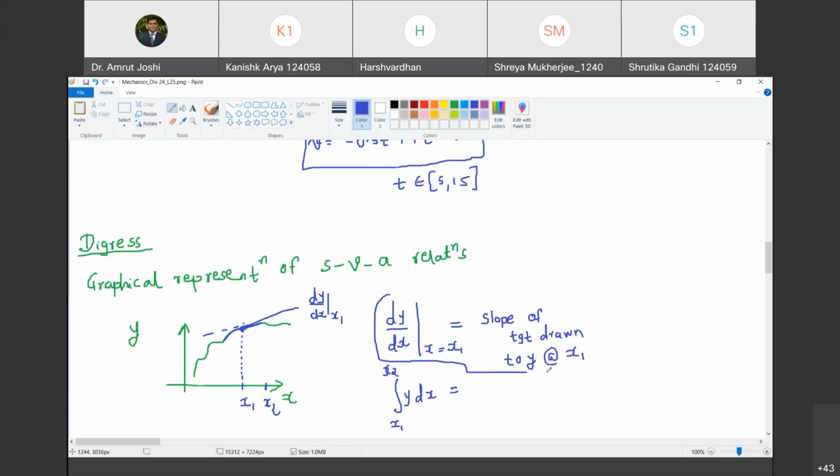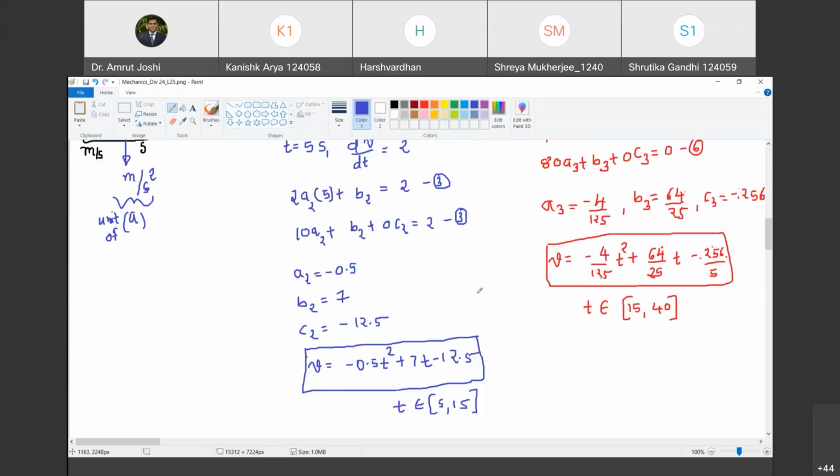This is the graphical representation of differentiation. dy by dx at x equal to x1 is slope of tangent drawn to y at x1. So what is dy by dx at x equal to x2? At x equal to x2, I have to draw tangent to this y again, and then slope of that tangent will be dy by dx at x equal to x2. Do you agree with me? Yes, sir.